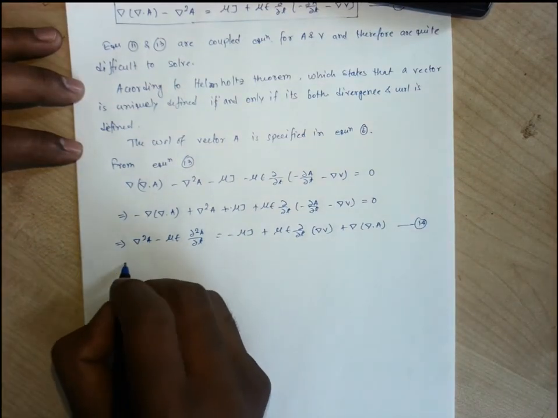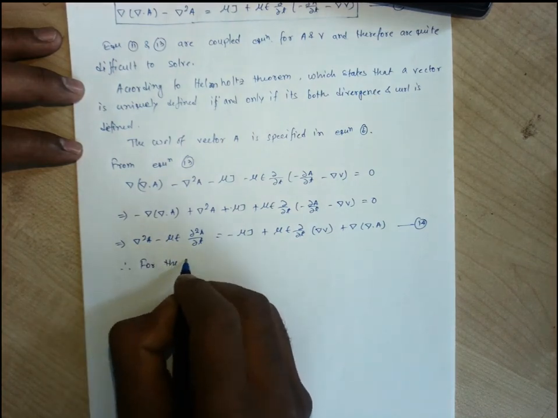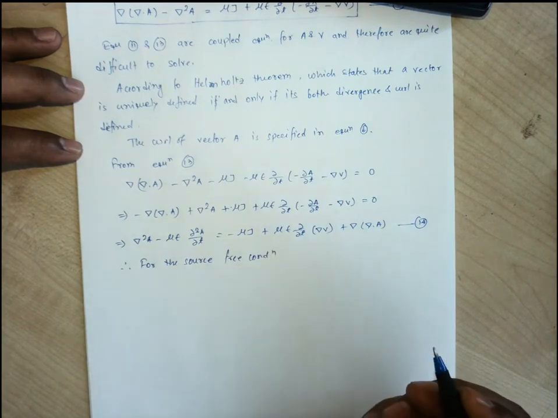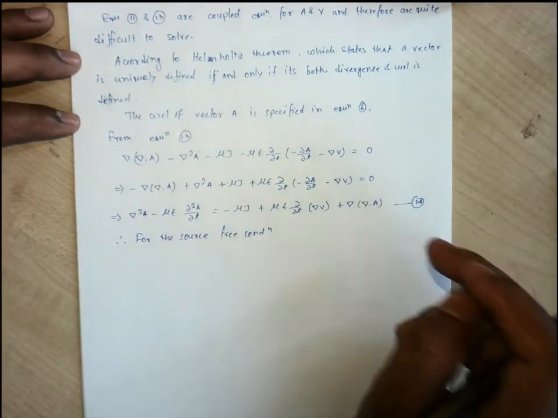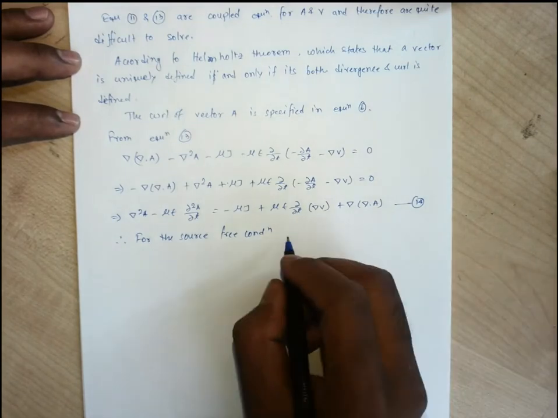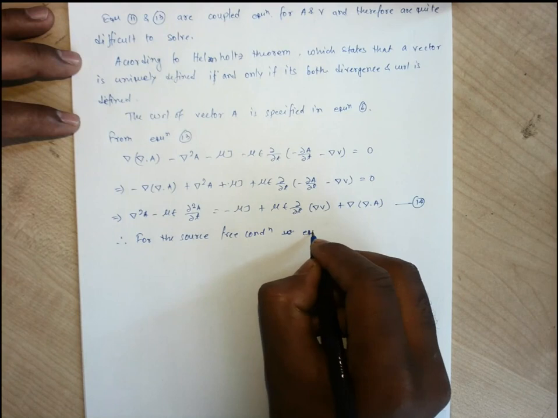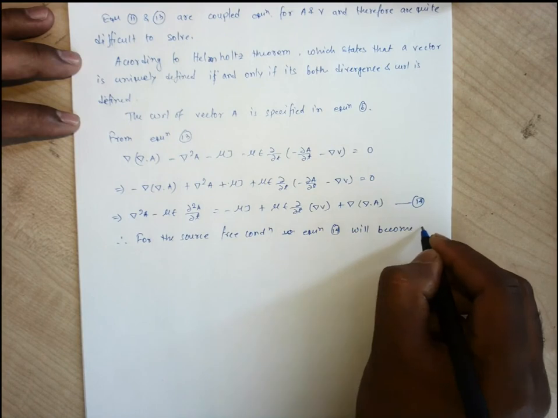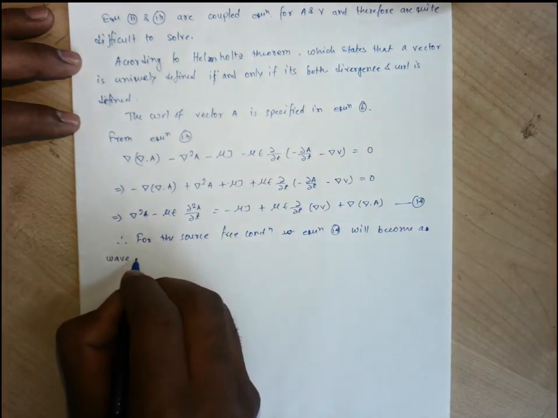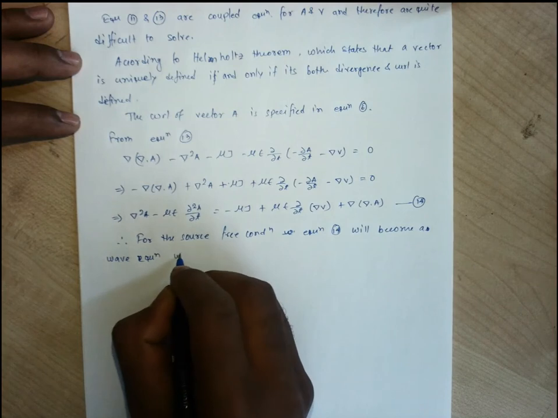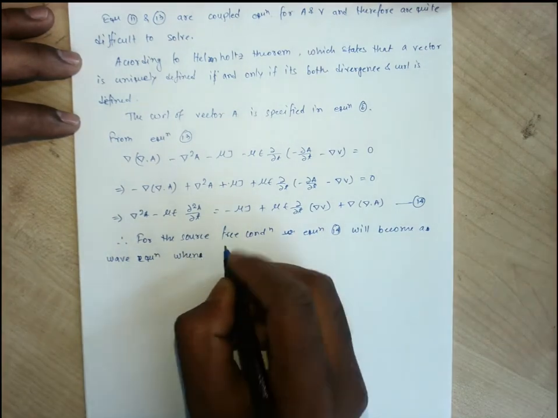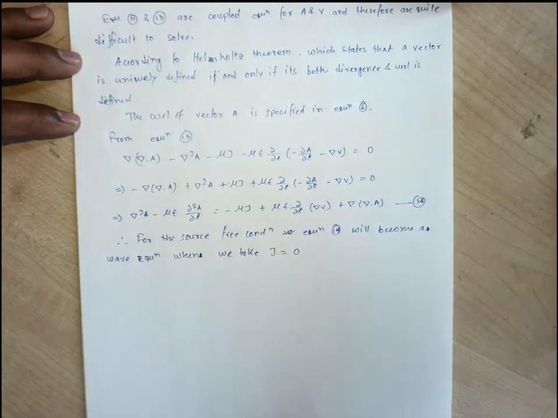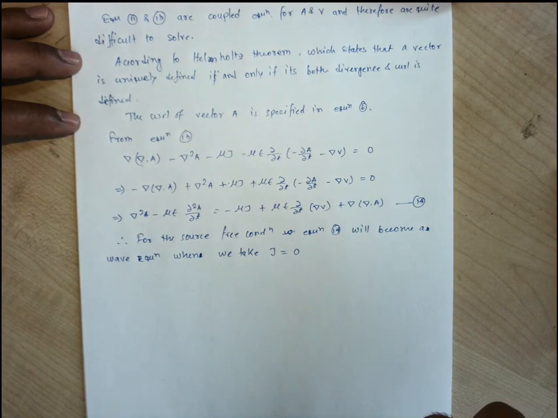Now for the source free condition, equation 14 will become a wave equation when we take this source J equal to 0. That is, conduction current is not present.